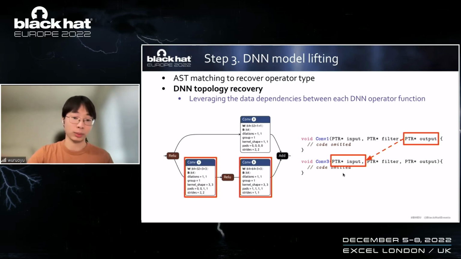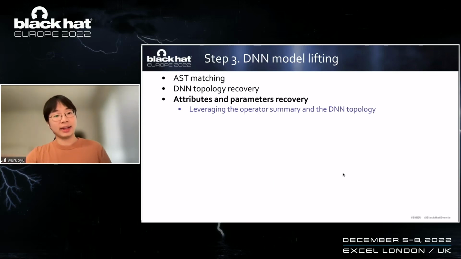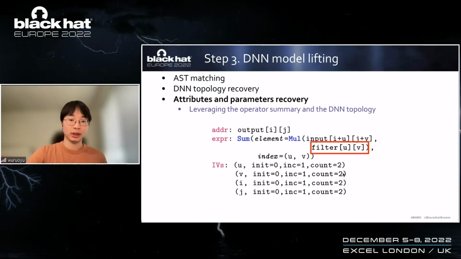We draw the edge and recover the connection between these two operators. At last, we recover the attributes and parameters of each operator by leveraging the operator summary and the recovered DNN topology. For instance, with the operator summary, we can recover the values of the filter by extracting them from their corresponding memory address.